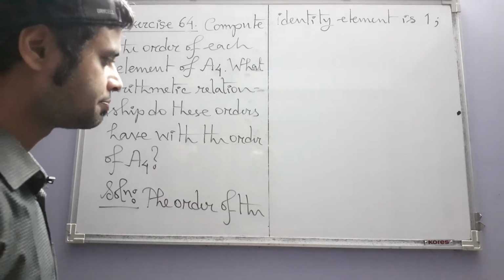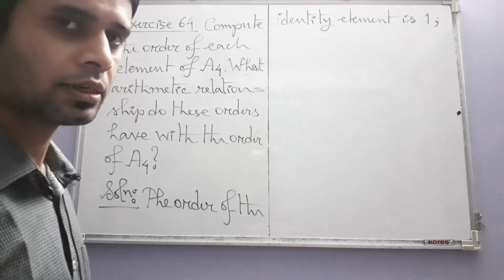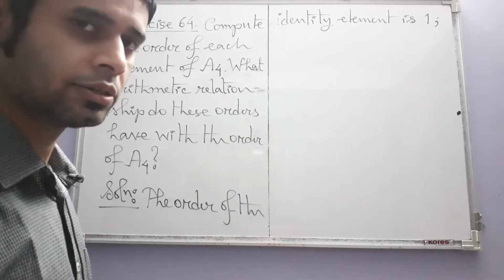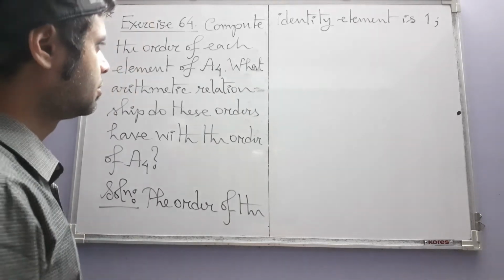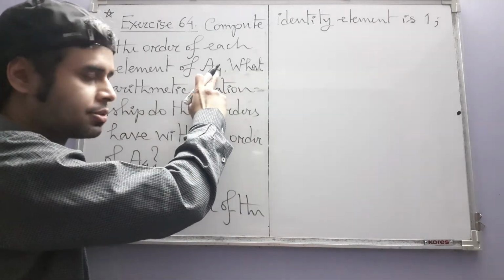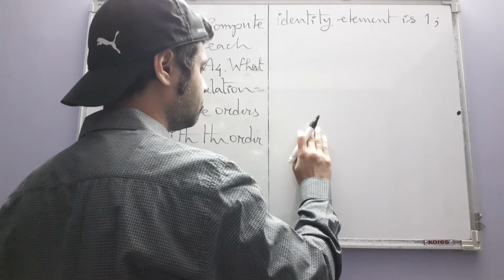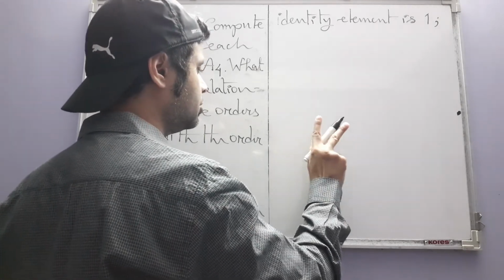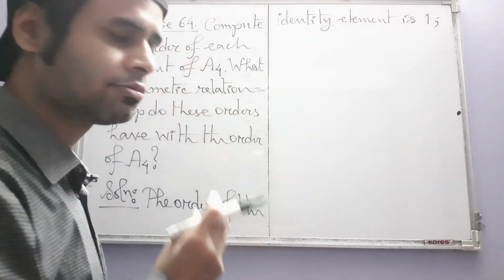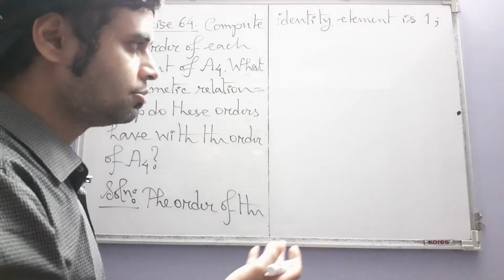That means 4 symbols are involved. Say for example (1 2)(3 4), and that is allowed here because we have 4 symbols, and each such element would have order 2. That is because those disjoint cycles individually would have order 2, and you have to take their LCM. LCM of 2 and 2 is 2.